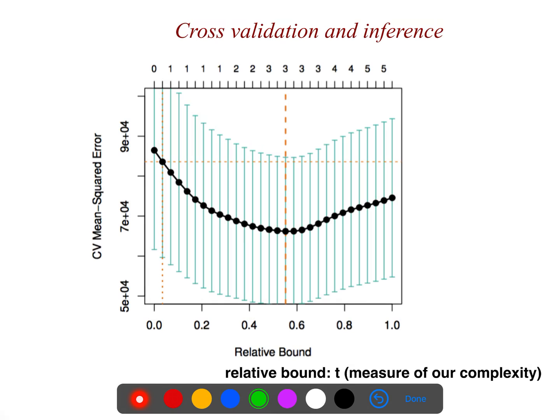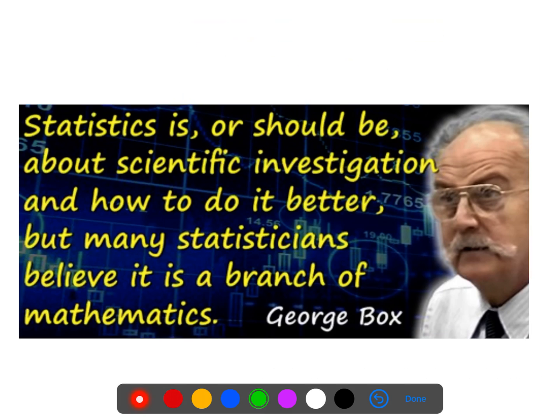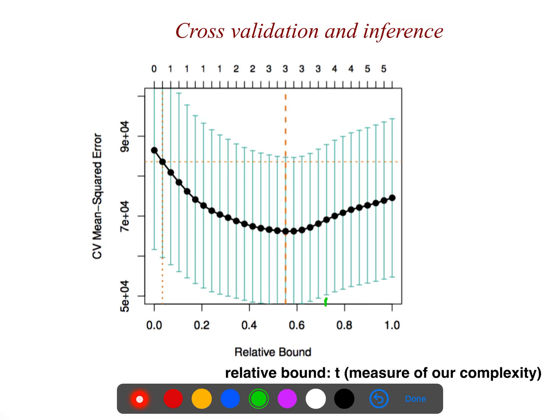And this is the cross-validation and inference that you see for each relative bound. For each relative bound, here we can define an interval, and later you will see how we can talk about confidence intervals and all the statistics, z-statistics, p-values.